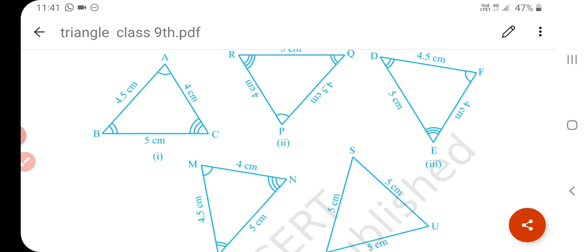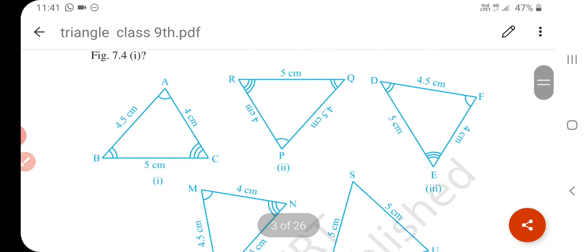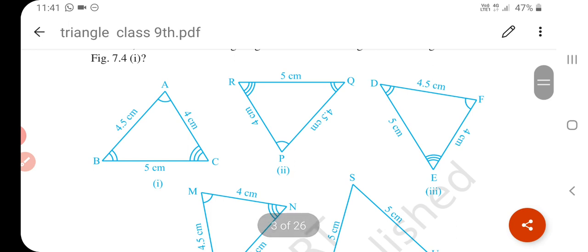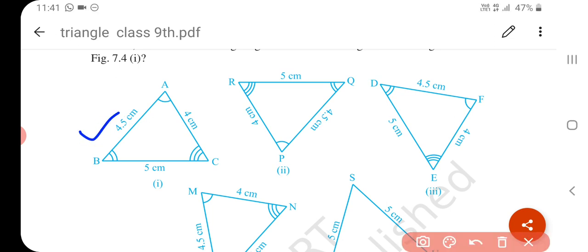Okay, in the above diagram, angle A is corresponding to angle P in these two figures. See here, in these two figures, angle A is corresponding to angle P, because there is 4 centimeter, 4.5 centimeter, 4 centimeter, 4.5 centimeter.